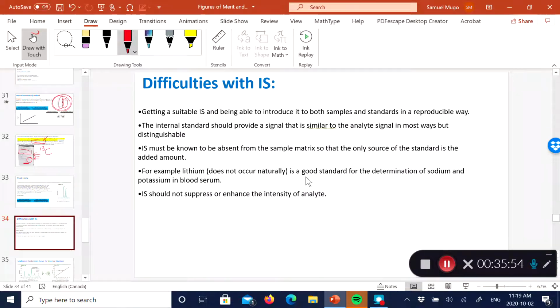If you cannot get the isotopic label of the internal standard, then the next best option is for you to use a structural isomer of your analyte. Okay, so if you can't get an isotopic label, then go with a structural isomer.